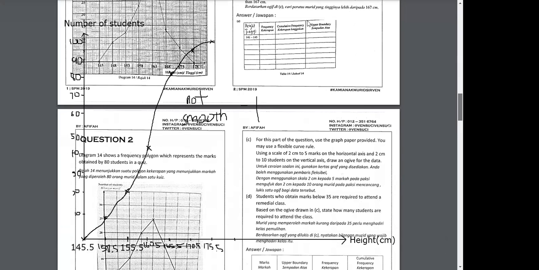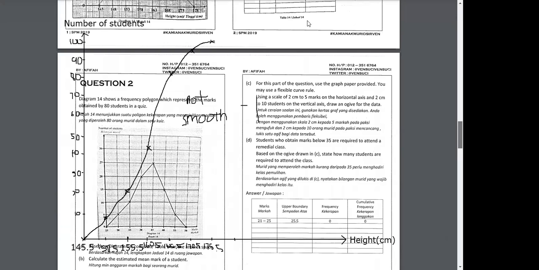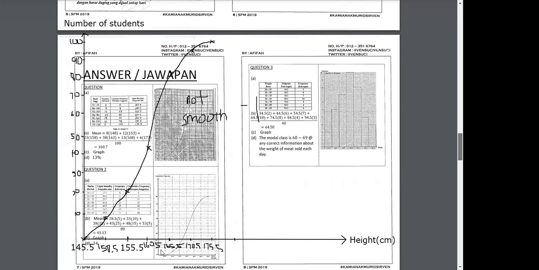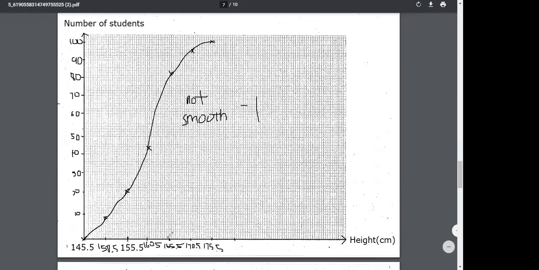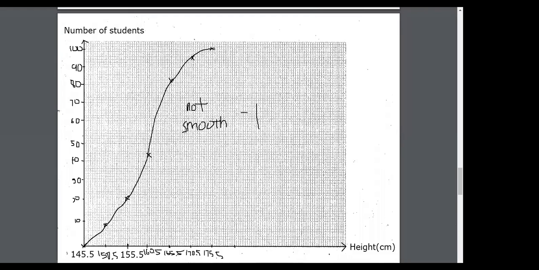So they want you to base on the ogive, using the scale. From the last question, you can see that every 2 cm on the scale is a difference of 5 cm.